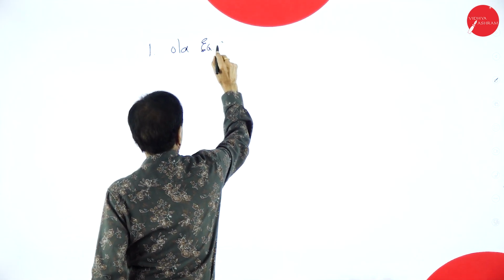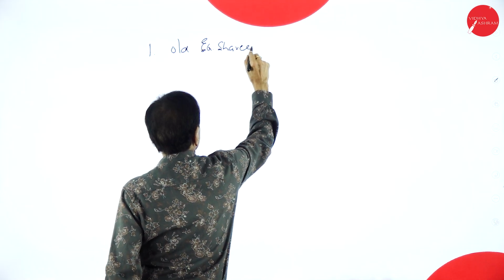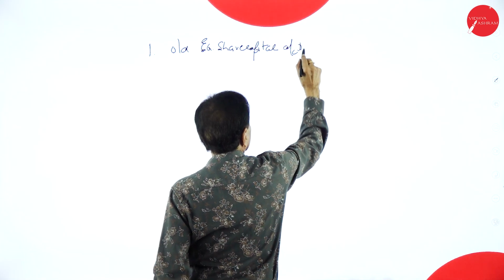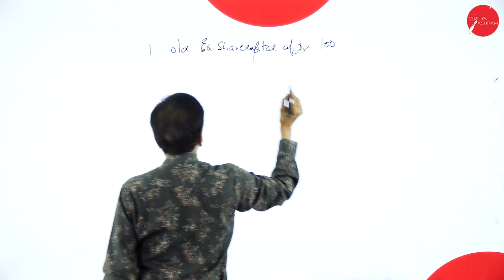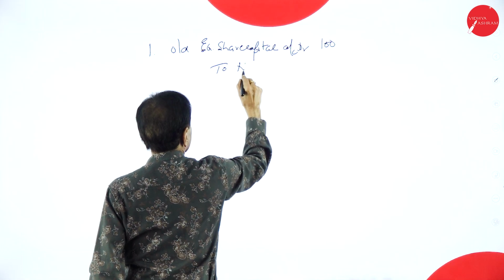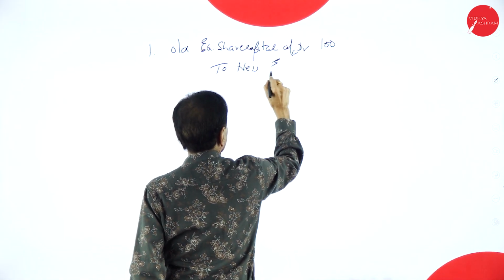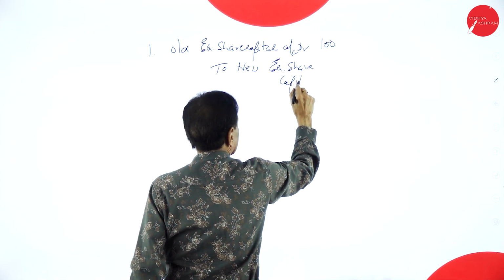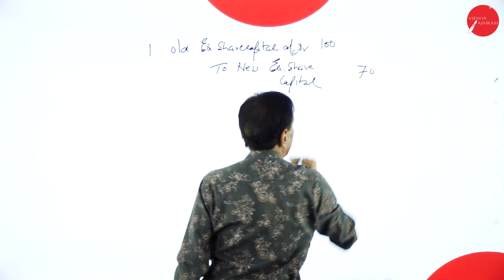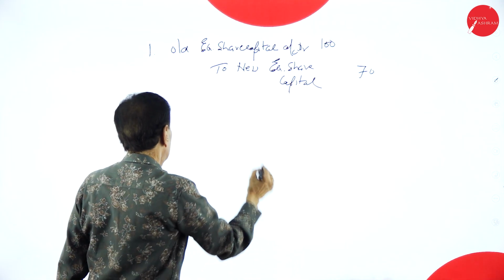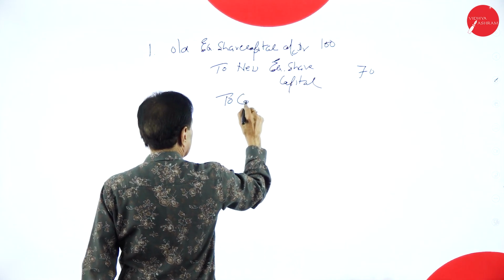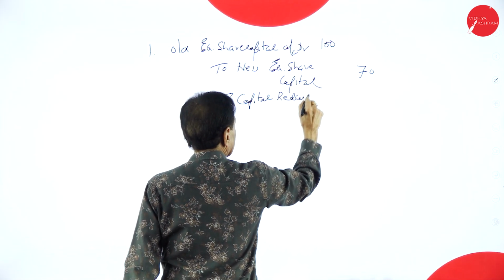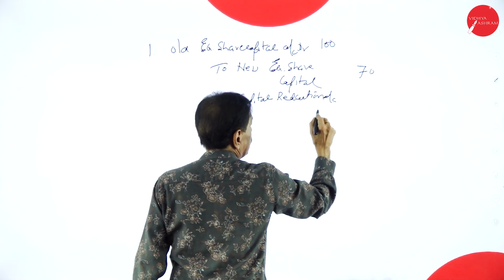The entry will be: old equity share capital account debit 100, to new equity share capital 70, to capital reduction account 30 rupees. It is called internal reconstruction.